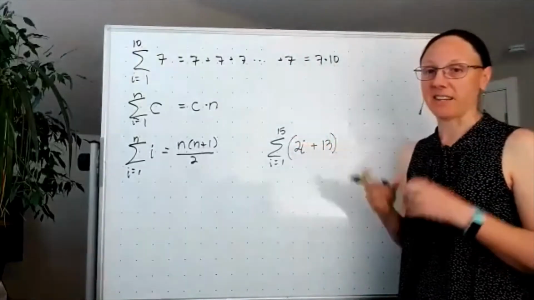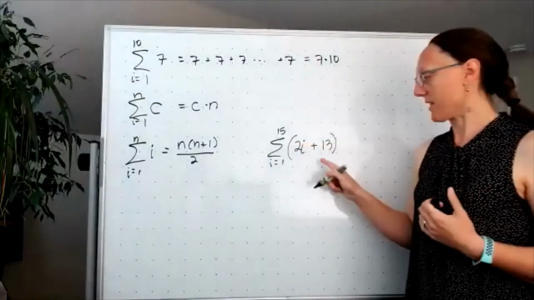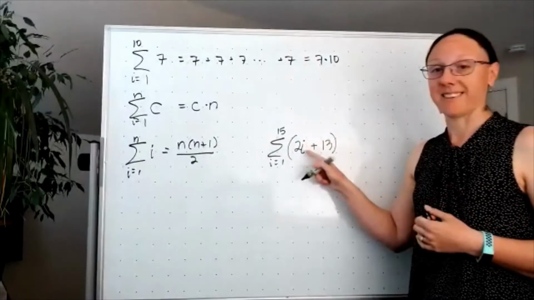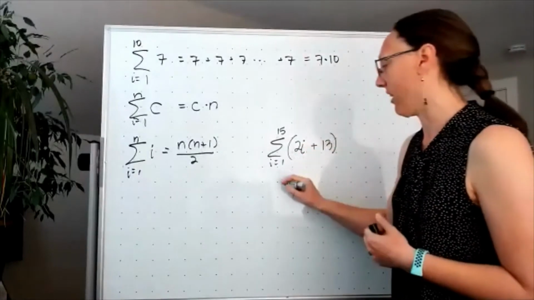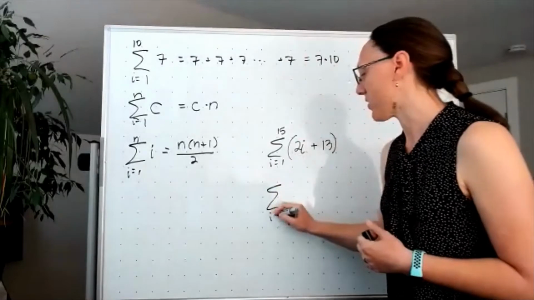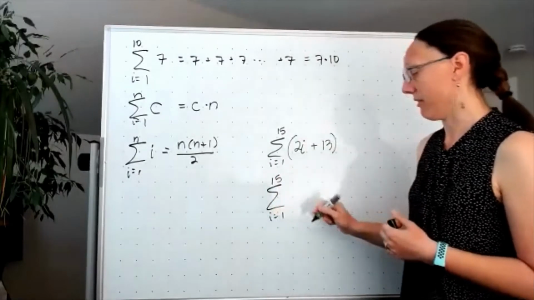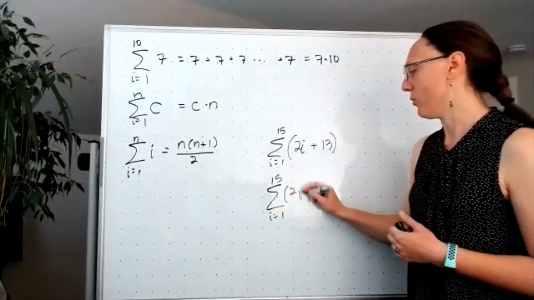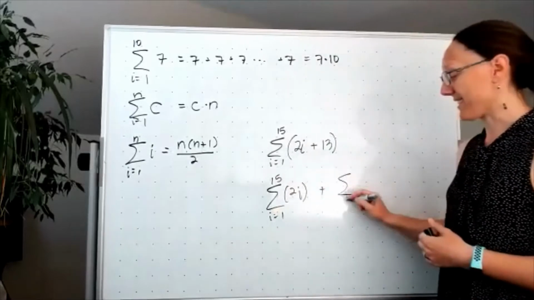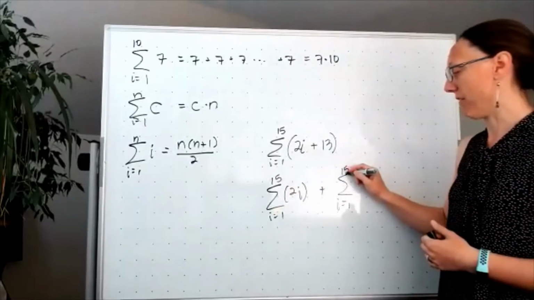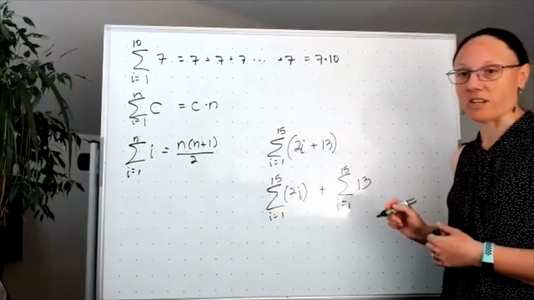Then I can take this, break it apart into 2 pieces, because I've got the sum of 2 things in here. And I can break that apart to look like the sum from i equals 1 to 15 of 2i plus my sum from i equals 1 to 15 of 13.